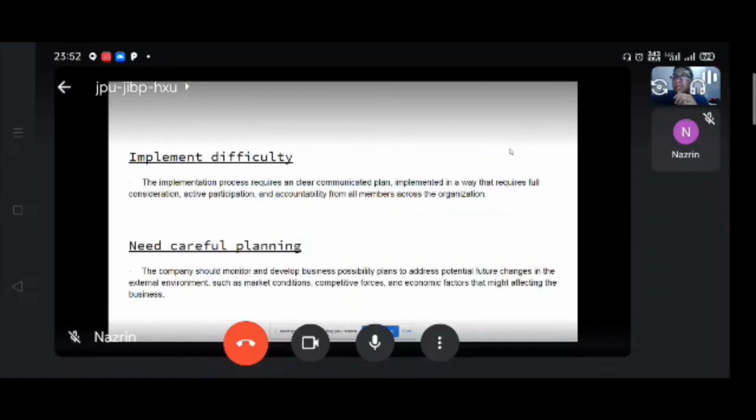And lastly, it needs careful planning. The company should monitor and develop business contingency plans to address potential future changes in the external environment, such as market conditions, competitive forces, and economic factors that might affect the business.